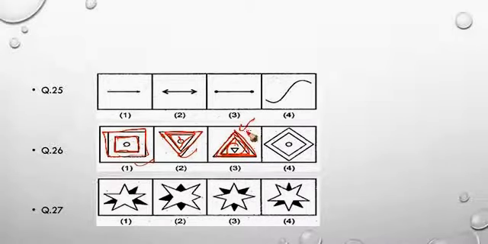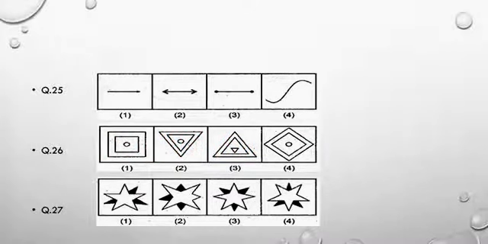Just for confirmation, let's go to option 4. In option 4, the outermost two shapes are similar, and in the center there is a circle. So options 1, 2 and 4 are similar, whereas option 3 is different. So the answer to question number 26 is 3.